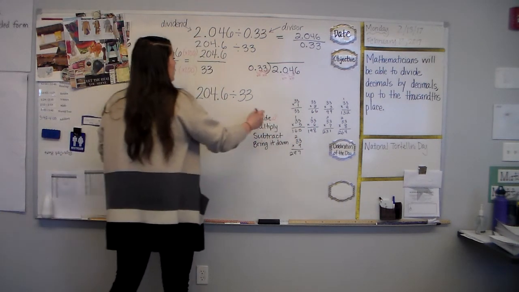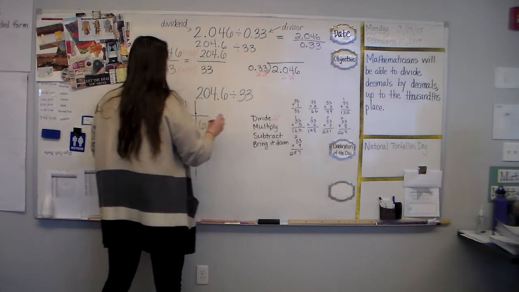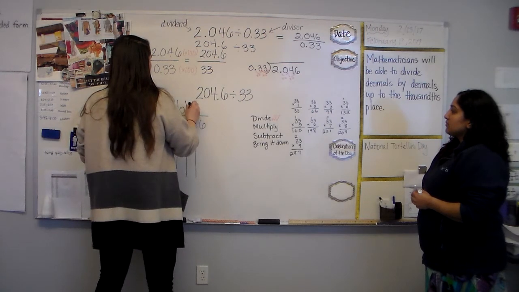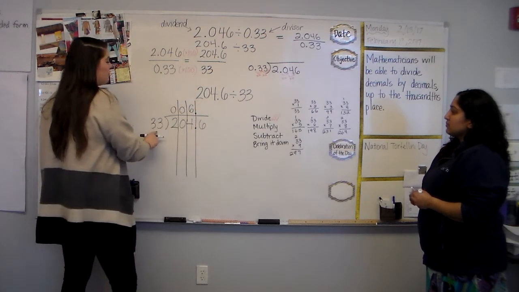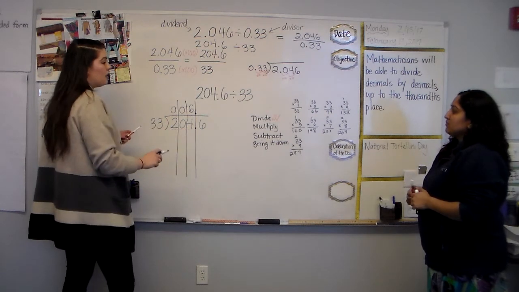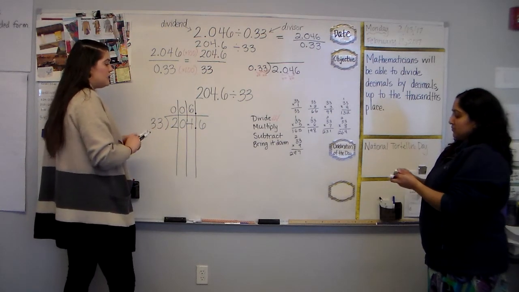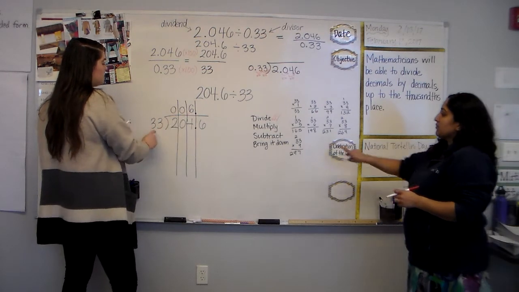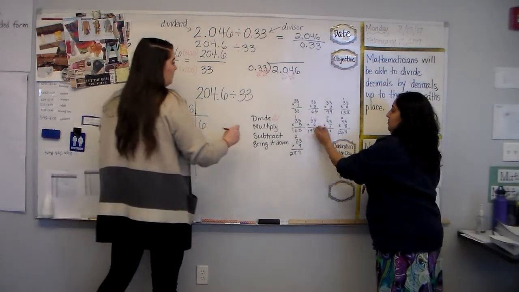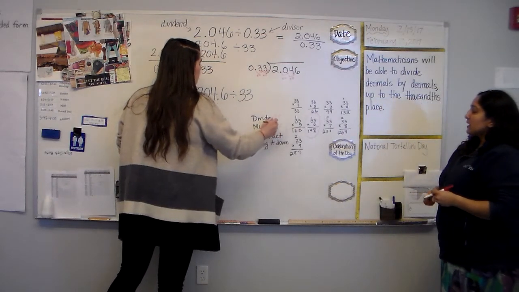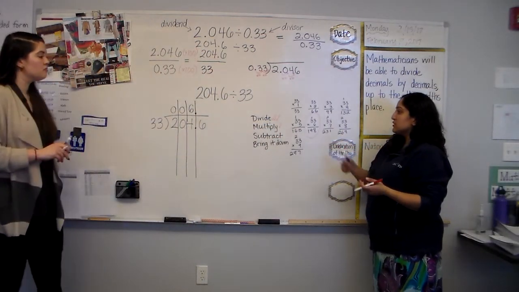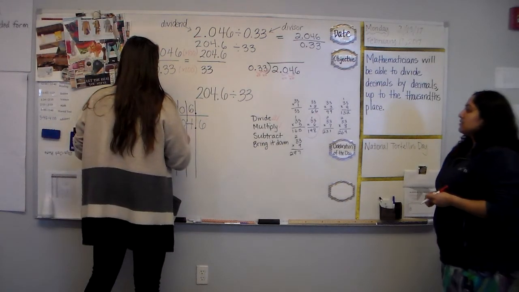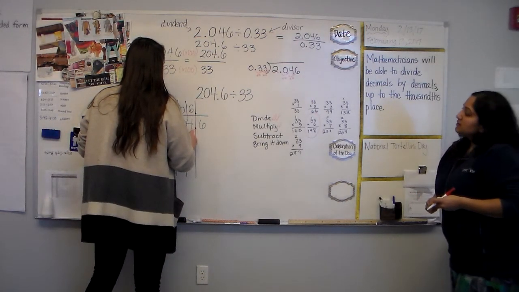So I'm going to check off divide again, and I'm going to put my 6 above the 4, because there are 6 groups of 33 inside 204. My next step on my checklist is to multiply. I'm going to take that 6 and multiply 6 times 33. I noticed that we already did that work, so it made it so much easier. 6 times 33 is 198.